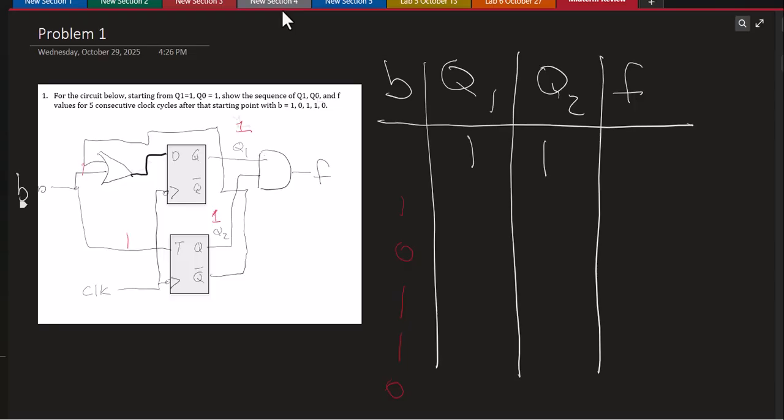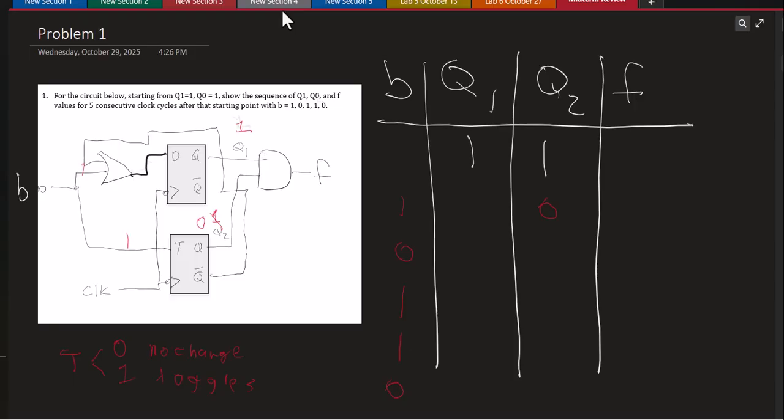If you recall, for a T flip-flop, if the input is 0, you have no change, and if it's 1, it toggles. By toggling, it means it goes back and forth, it takes the complement. The input is 1, so it's going to toggle, and so the next output for Q2 is going to be 0.